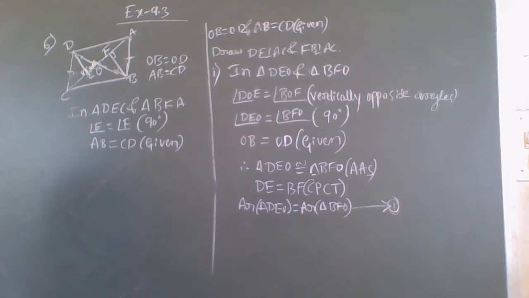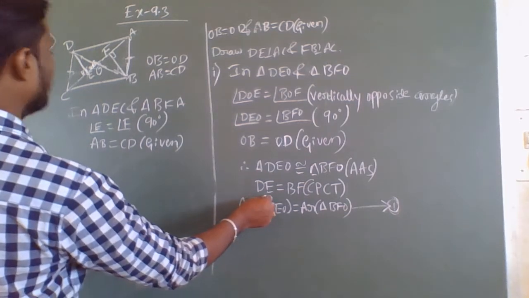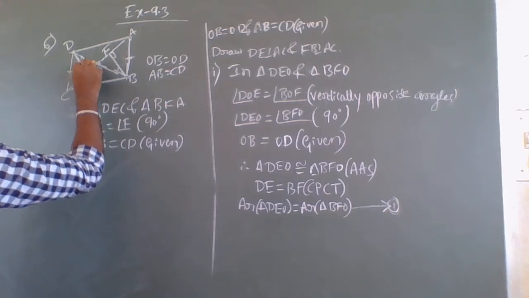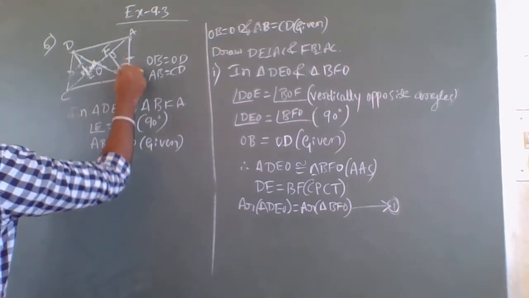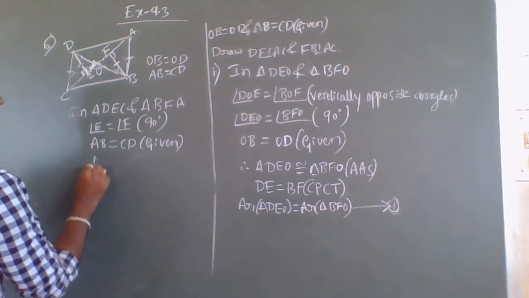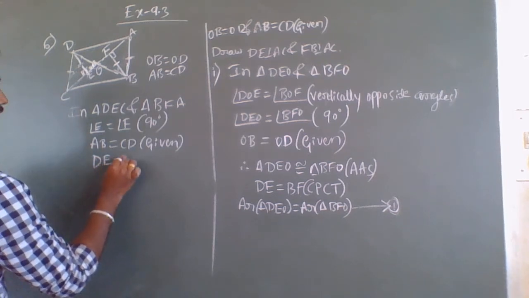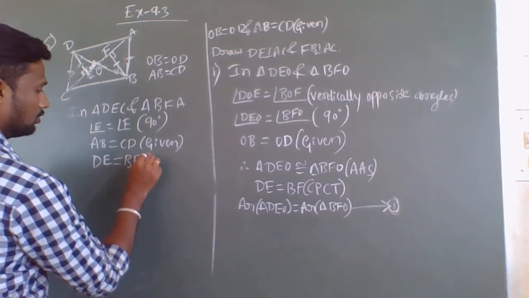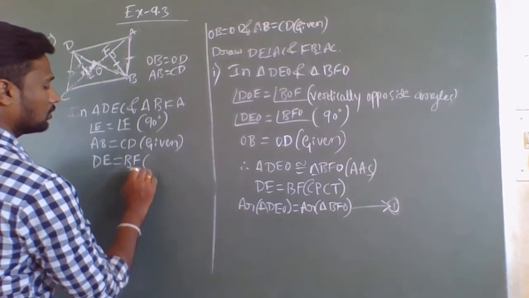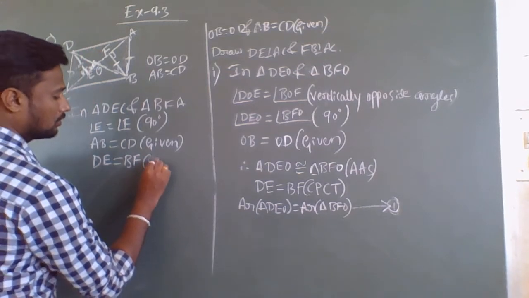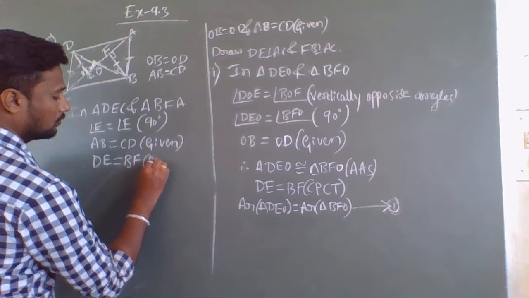And here we got that DE is equal to BF. These two are equal to each other. Here we proved it, because these two are corresponding sides of congruent triangles. This is proved.